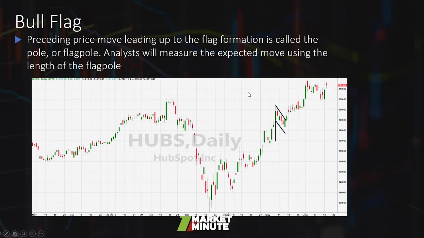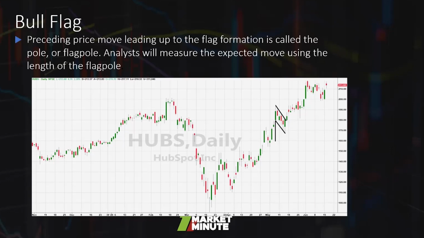The thing that is really, I think, the most important thing to understand about bull flags in particular is that you want to say that the measurement of the actual pole, so if this goes from 160, say up to 195, so $35, generally is what it brings to you in terms of actual price movement once it breaks the flag.